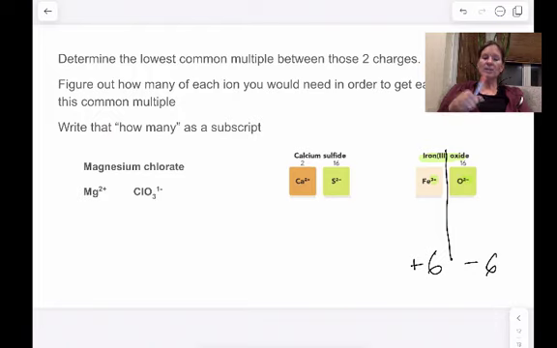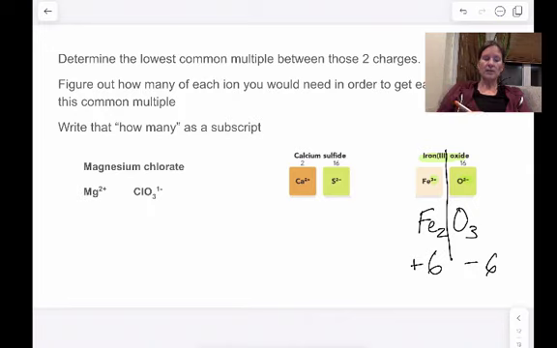If I can get iron to be 6 pluses and oxygen to be 6 minuses, then it's going to add up to 0, and this formula will be correct. Since the charge on iron is 3, I need 2 irons to make this work. And since the charge on oxygen is 2, I need 3 oxygens to make this work.